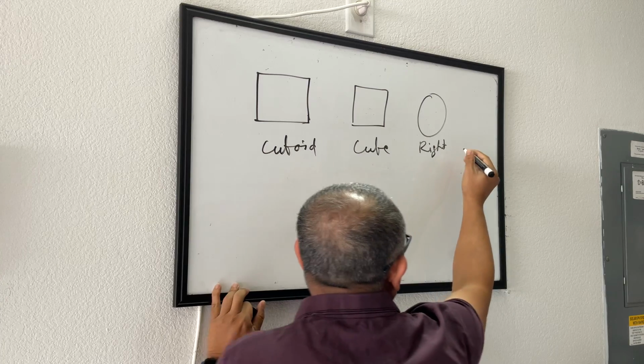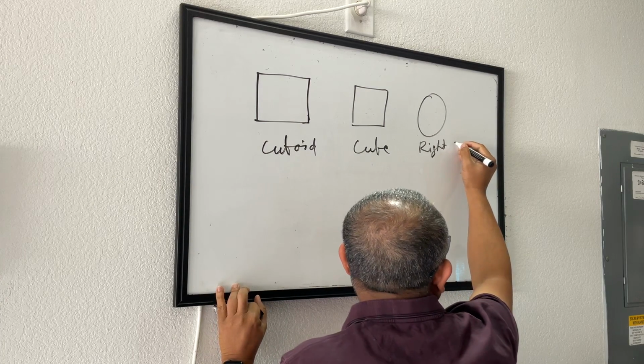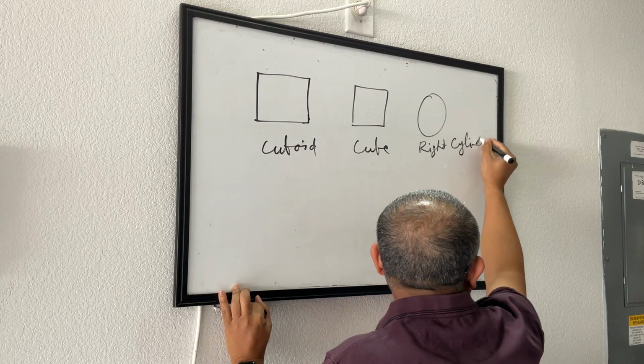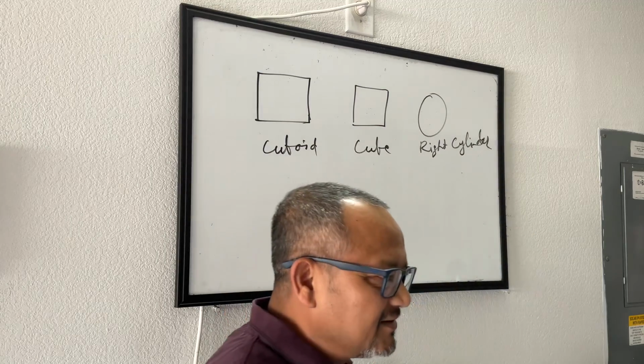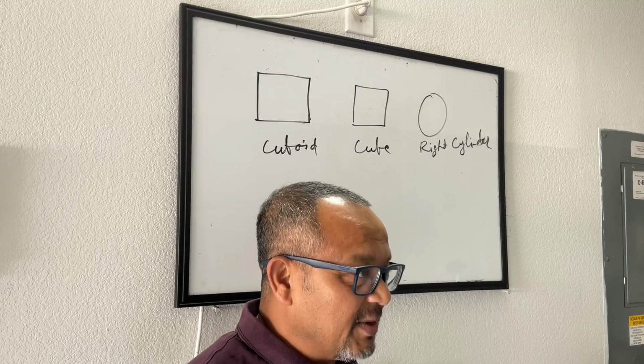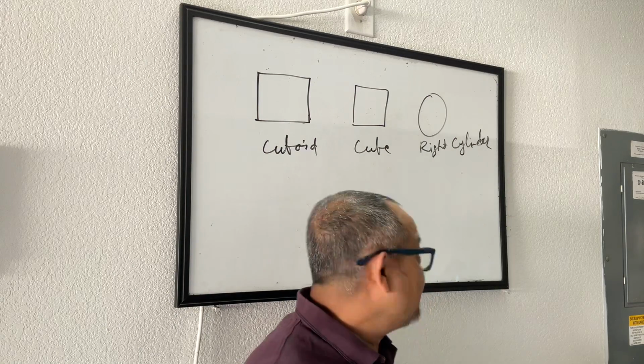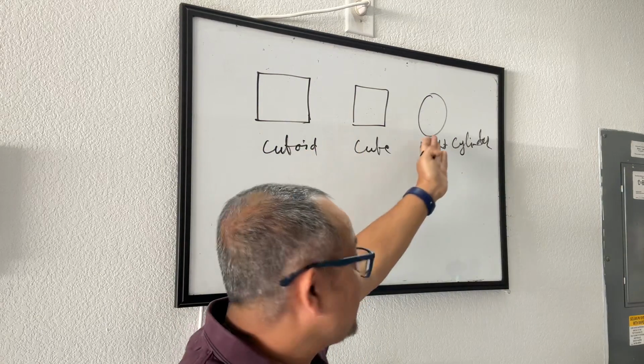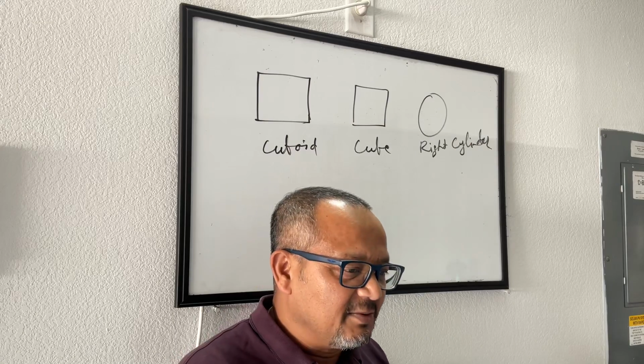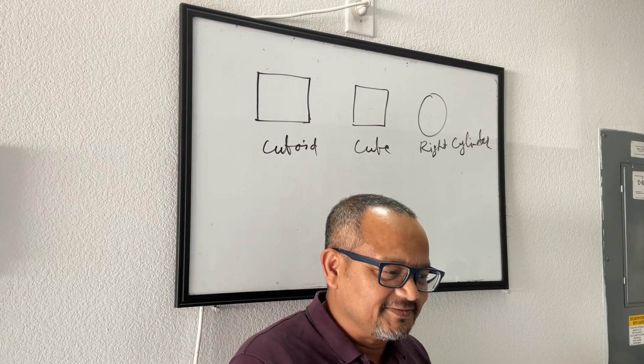Am I making sense or I'm not? Am I telling the truth or I'm bluffing right now? I'm saying this is cuboid, this is cube, and this is right cylinder. Am I being true or bluffing?